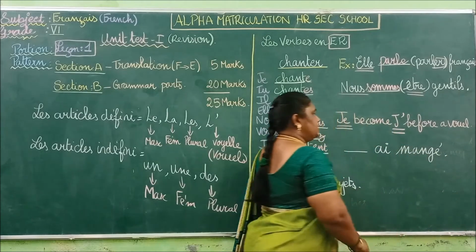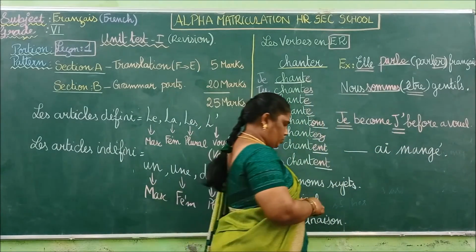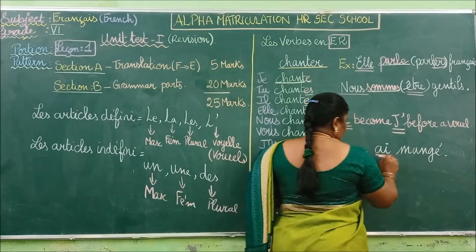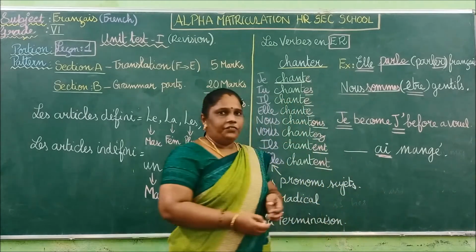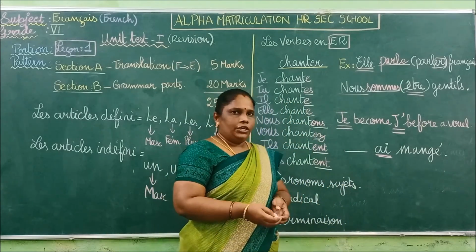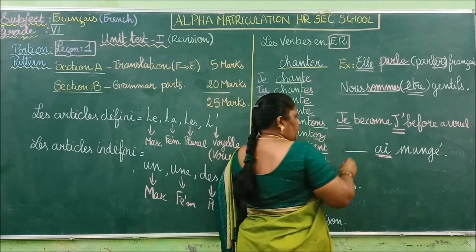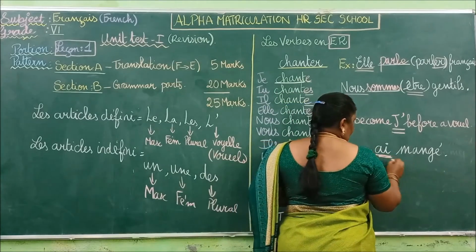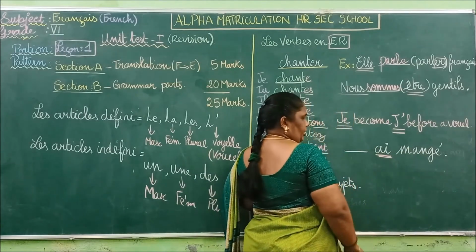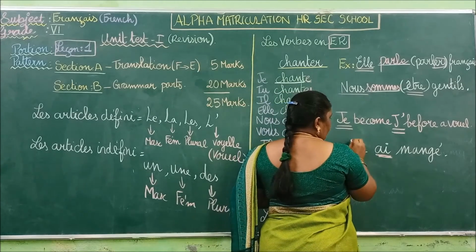If you have an example like this, so you have ai. Ai is in the verb avoir. So for example, you are going to write j'ai mangé. I ate. So j'ai mangé.